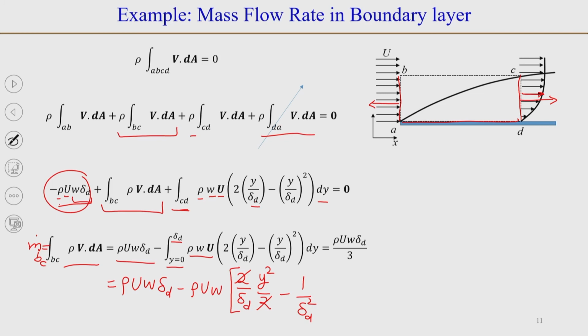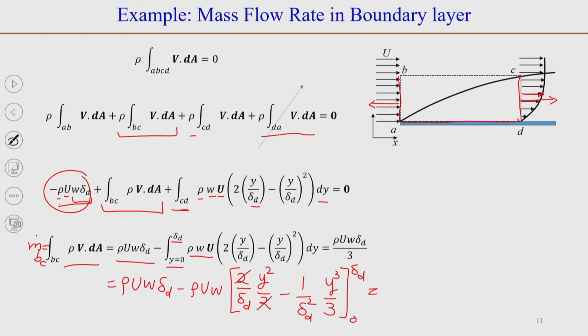When we integrate y squared we will get y cubed over 3, and we can substitute the limits from 0 to delta d.